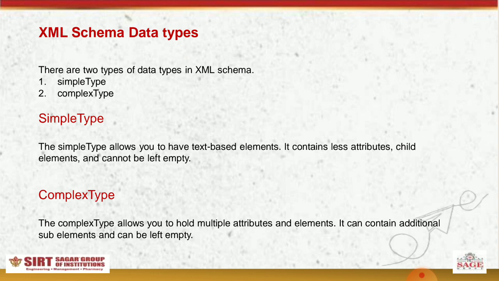It contains no attributes or child elements and cannot be left empty. A complex type allows you to hold multiple attributes and elements. It can contain additional sub-elements and can be left empty.